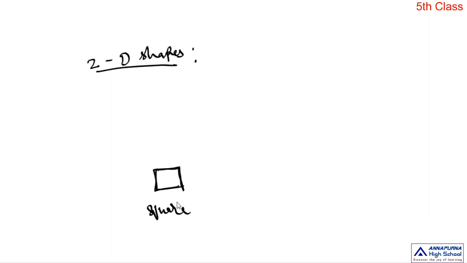This square has 4 sides, 1, 2, 3, 4. All the 4 sides are of the same length, isn't it?